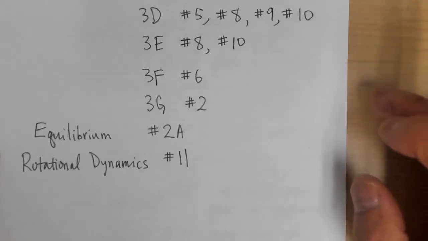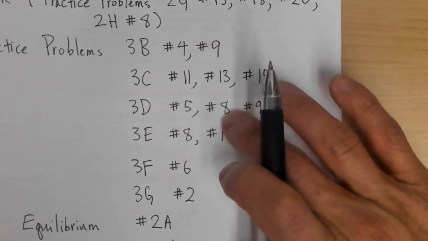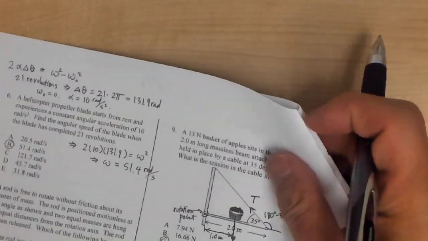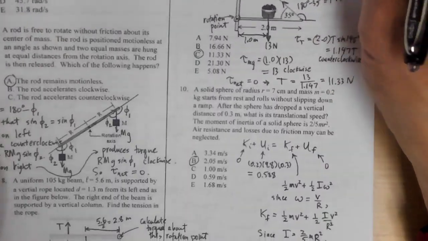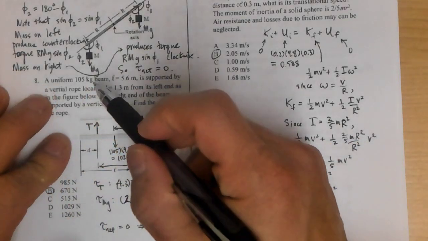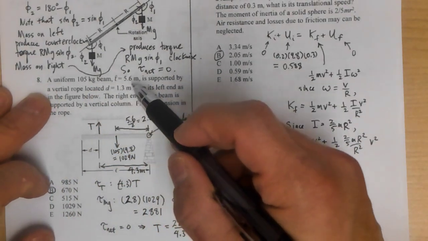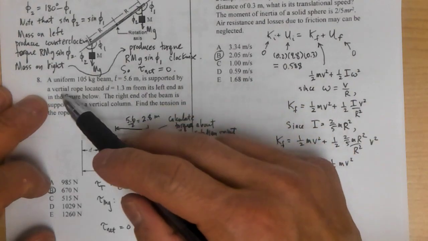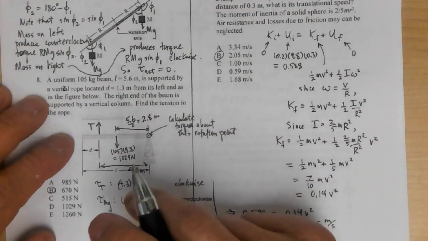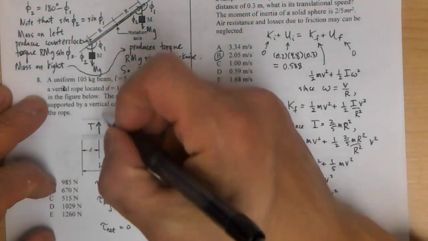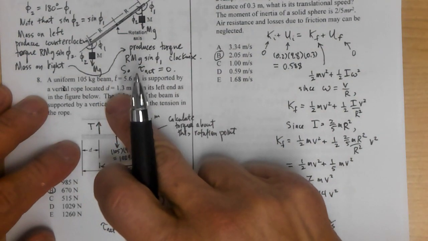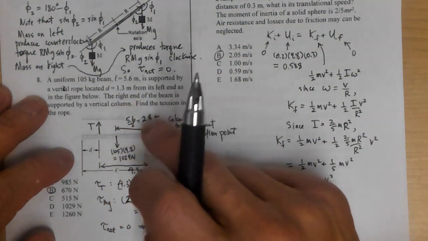The next problem we cover is number 8 on 3D. A uniform 105 kilogram beam with length 5.6 meters is supported by a vertical rope right here, located at d equals 1.3 from its left end.